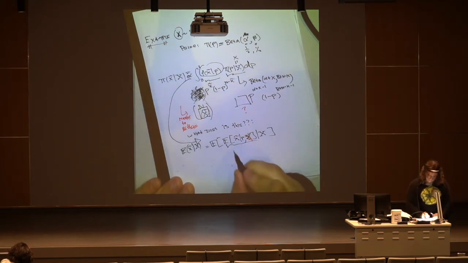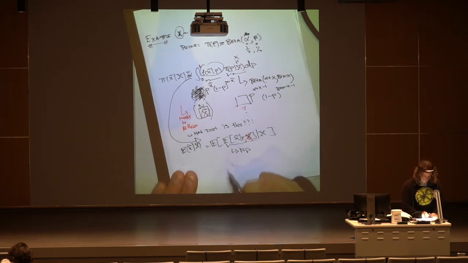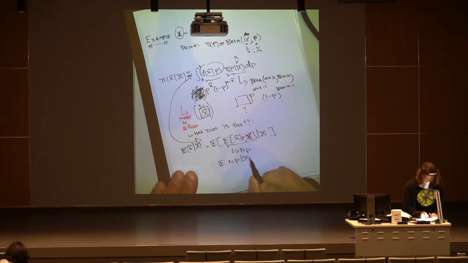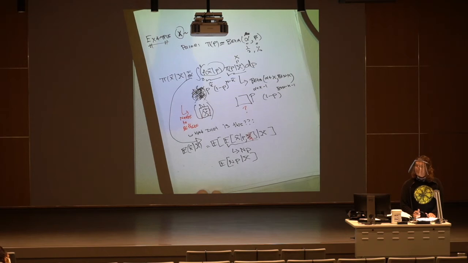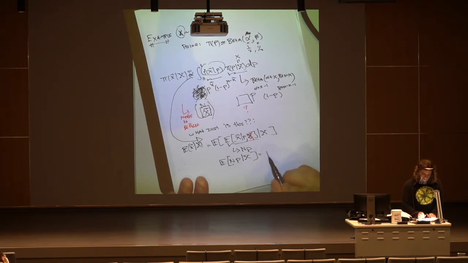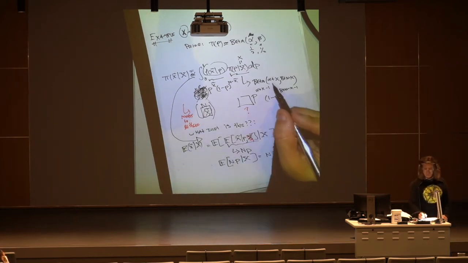So what's this? np. Pretty easy. So this is going to be the expectation of np given x. You can already see this doesn't have just a posterior expectation to it. It's got an extra n in here. So this is n times the expectation of p given x. What is this thing? I have to look back over here.